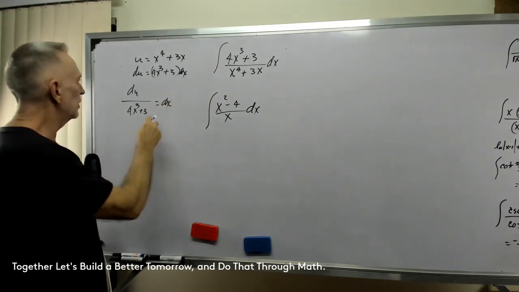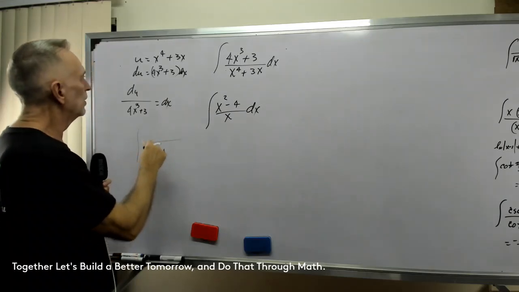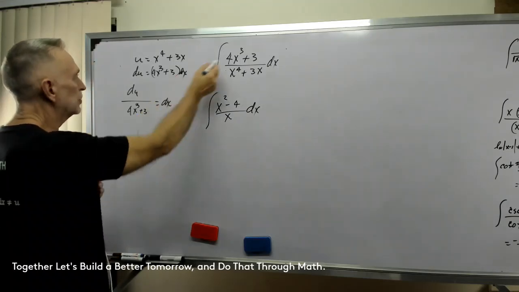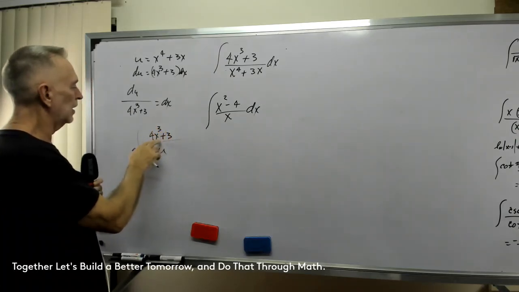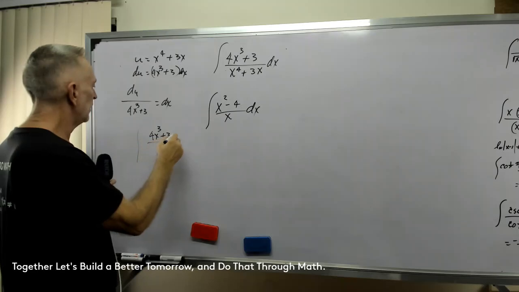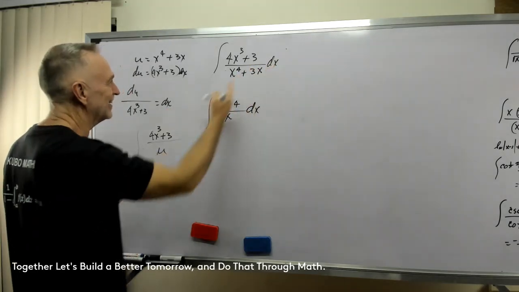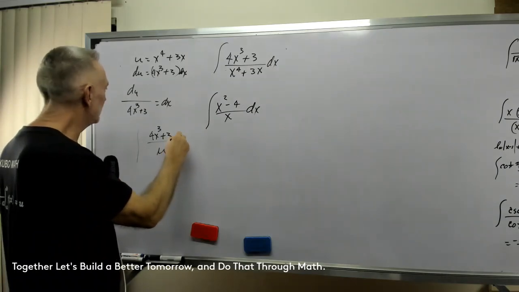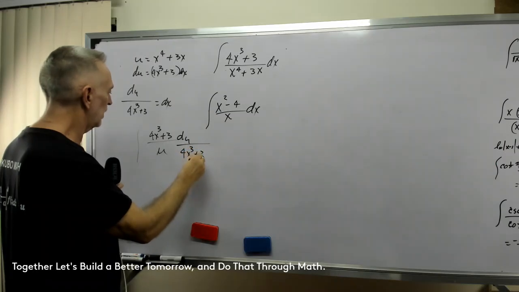What do I have? Well, I have u in the denominator. I have this same 4x cubed plus 3 still in the numerator. And then I'm replacing this dx with du over 4x cubed plus 3.